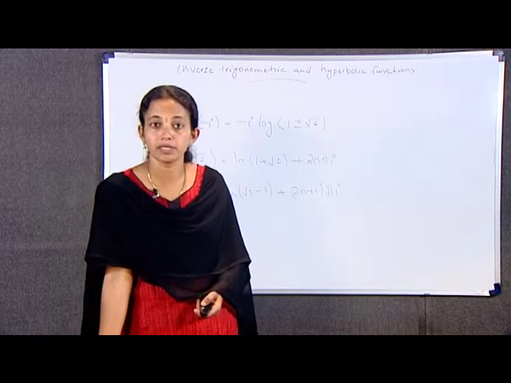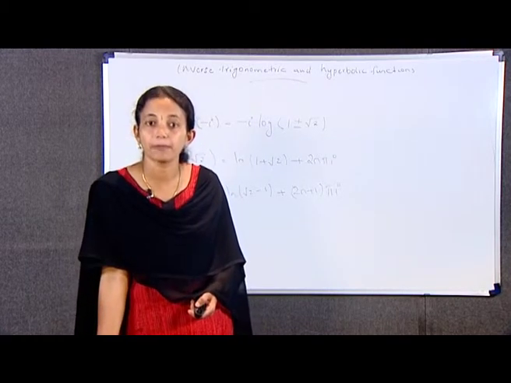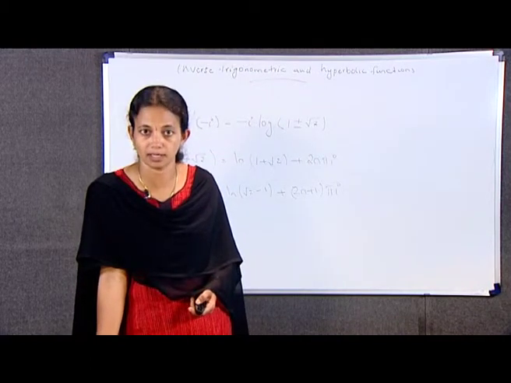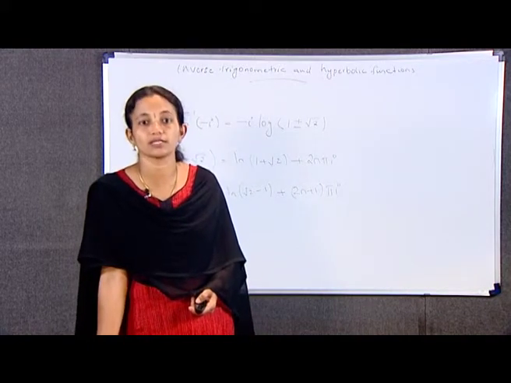Hence the numbers minus 1 raised to n ln 1 plus root 2 plus n pi i, where n varies from 0, plus or minus 1, plus or minus 2, etc., constitute the set of values of log 1 plus or minus root 2. Thus, sin inverse minus i is equal to n pi plus i into minus 1 raised to n plus 1 ln 1 plus root 2, where n is equal to 0, plus or minus 1, plus or minus 2, etc.